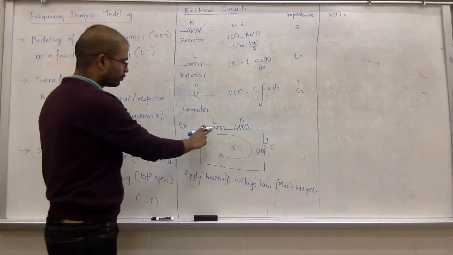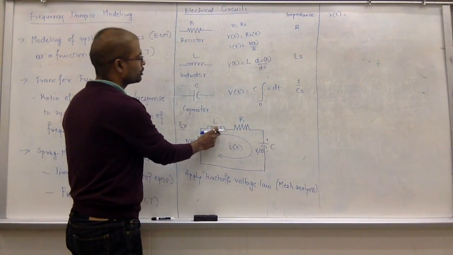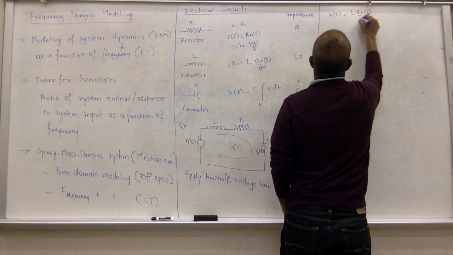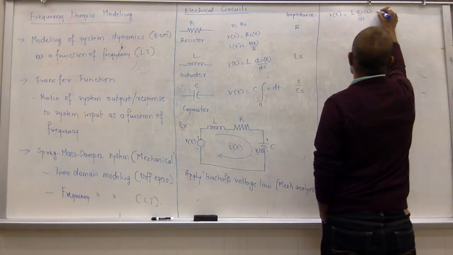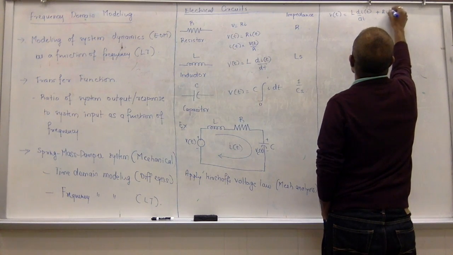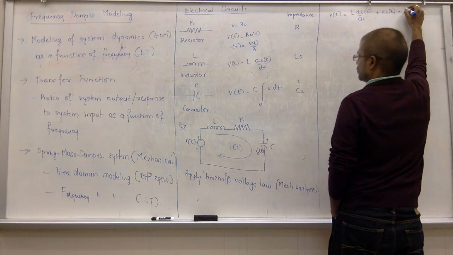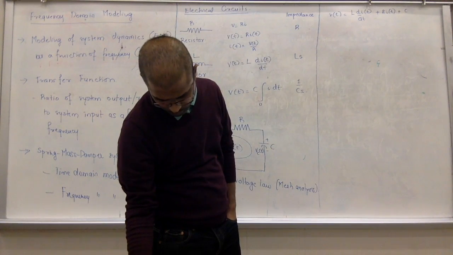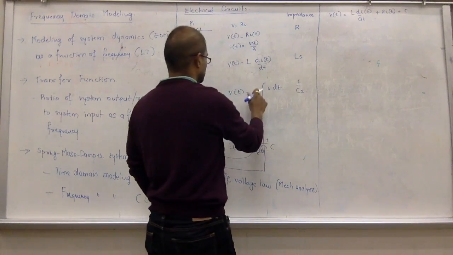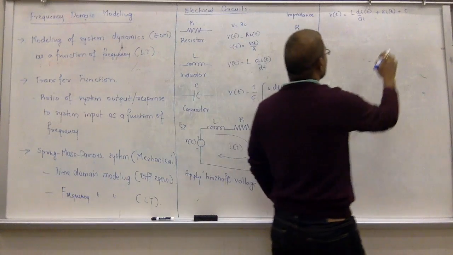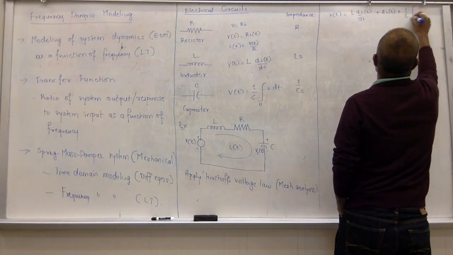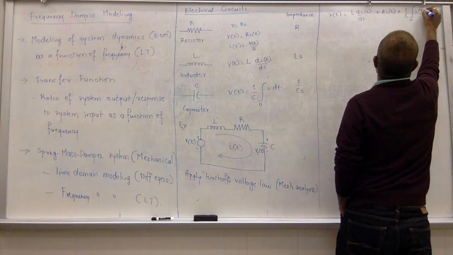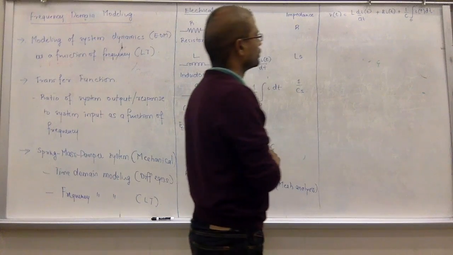If we just apply inductance L, the voltage drop here is L times di(t)/dt, plus R times i(t), plus, this is 1 over C, so it will be 1 over C times the integration of i(tau) d tau.